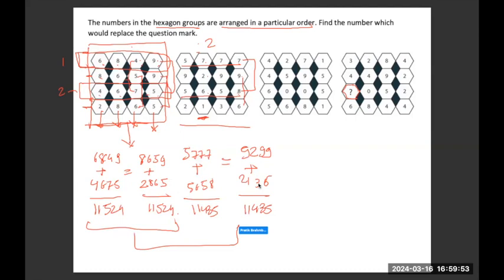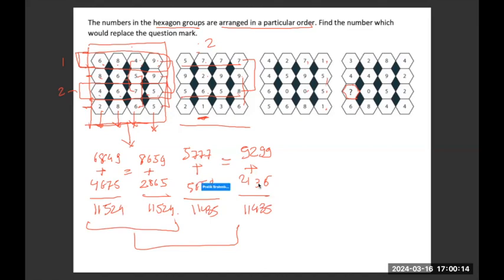Now I don't need to check the third cell because I'm assuming it will be satisfied, because there might be some carryover happening here with the 5 and 6 involved. So I'm assuming the same relationship would be established in the third cell also.